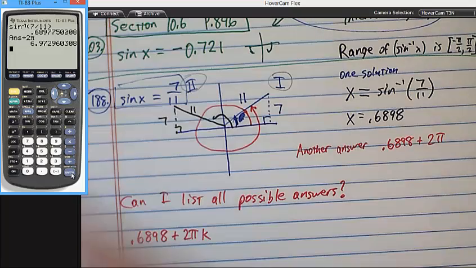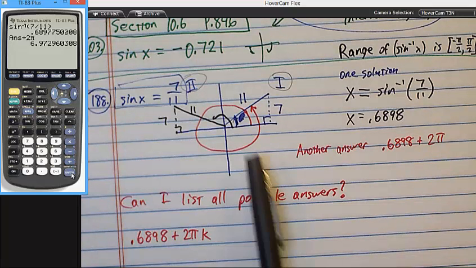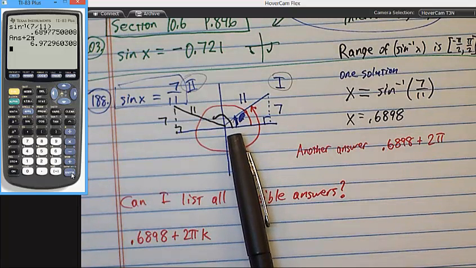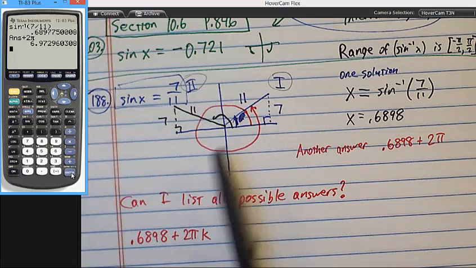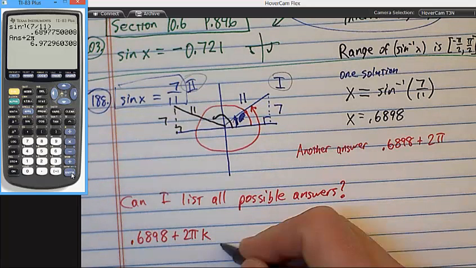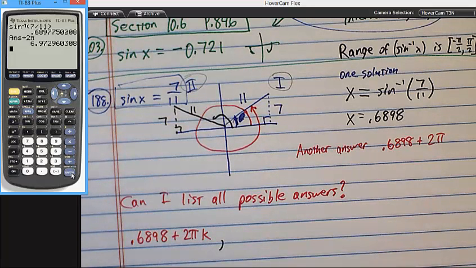Although I drew one of them, I drew the black one. So now the question is, how the heck do I find the black angle? Let me do it. And again, these are the steps. First, I find the one that's easy, the quadrant 1 angle. I know there's going to be another one.